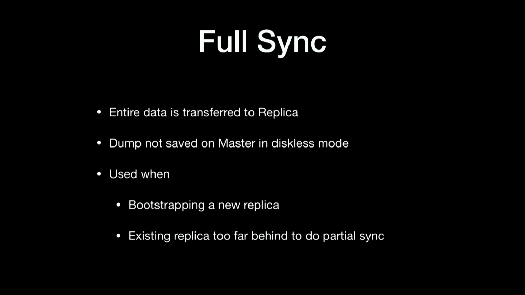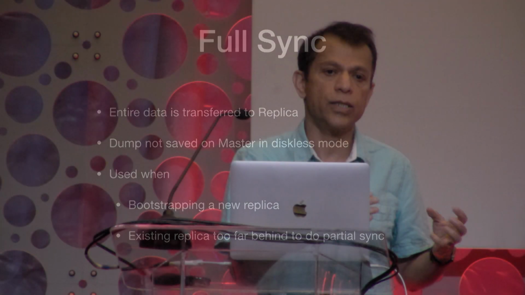All right. How does Redis Master do this in a way it doesn't affect the client performance, right? The way the Redis Master does is it forks itself into a separate process, and the fork process is then responsible for sending the data over to the replica. It can do it in one of the 2 ways. One way is the fork process can actually write to the disk, and then the disk file gets transferred over.